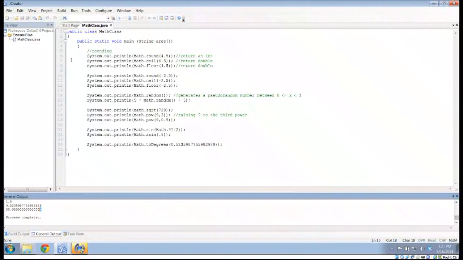And if you don't remember your radians, there is a toRadians method. So System.out.println math.toRadians. And so I can take this 45 degrees that we're used to and find out that 45 degrees in radian mode is 0.78539.